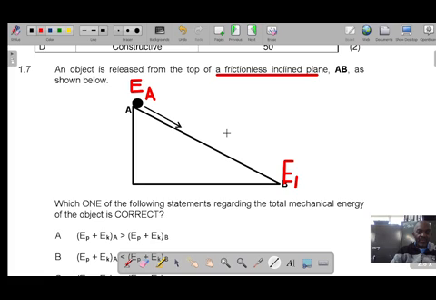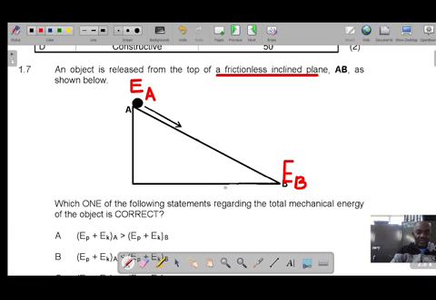And I hope you remember what we said: the law of conservation of mechanical energy says that the total mechanical energy, in the absence of dissipative forces like a friction force or a resistance, remains constant. So the mechanical energy at point A is equal to the mechanical energy at point B.